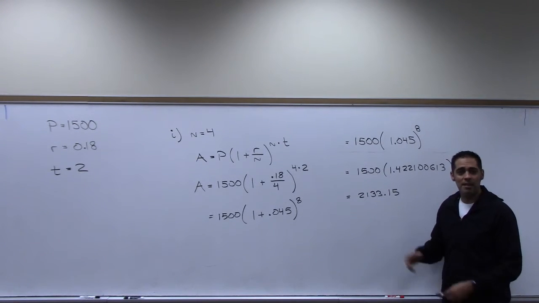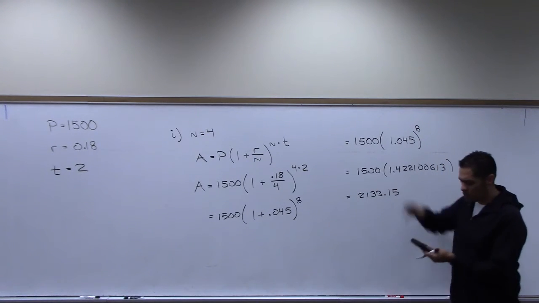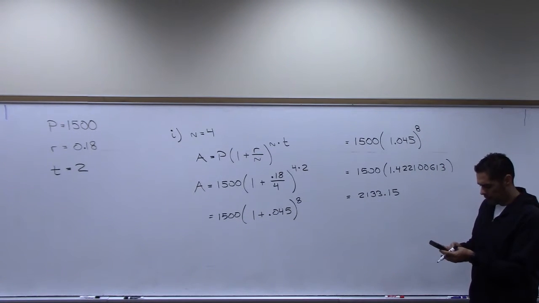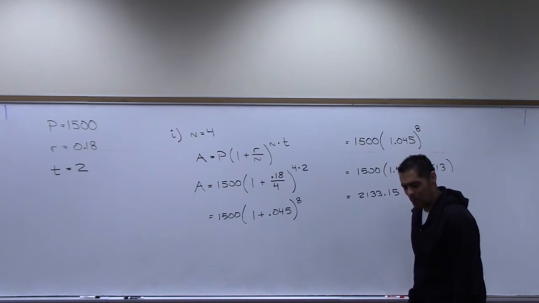Yeah, so if you look at that as a percentage of what you borrowed, take 633 and divide that by what you originally borrowed, 1,500. Ooh. What do you get? 0.42.